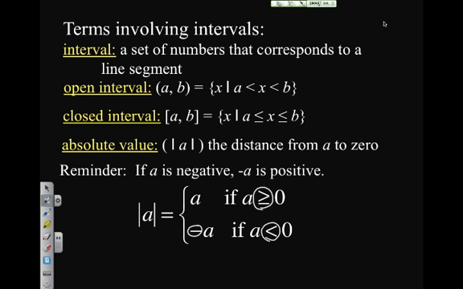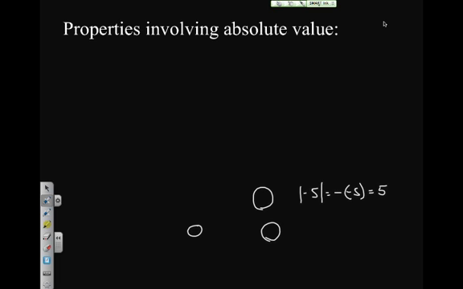So for instance, the absolute value of negative 5 is the opposite of negative 5, which is 5. Now we know that's 5 already, but we have to think about it algebraically, because sometimes if we use variables, we don't know if it's a positive or negative number to begin with.